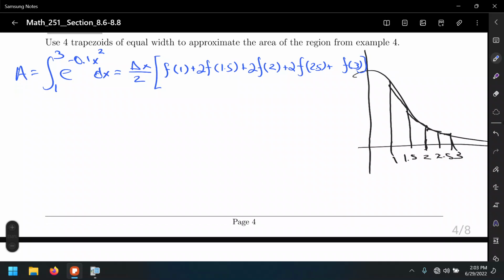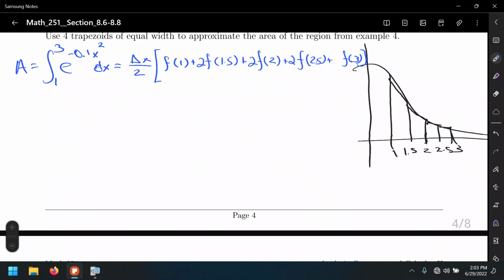Alright? So let's go back to the graphing calculator. The good thing is that we're going to deal with the same function. And delta x, in this case, is the same one, it's a half. So let me do some simplification first. So delta x, which is 1/2 over 2, times this whole evaluation here.